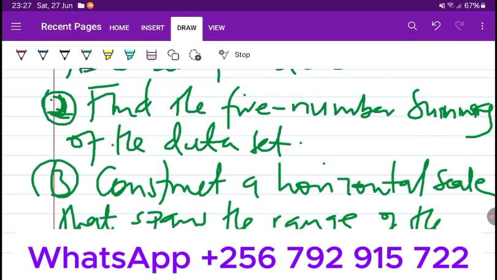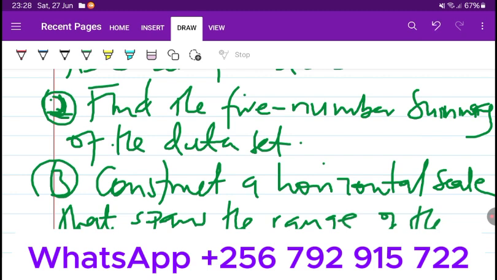How are you going to know that you have covered it? Because in the first step you identified the five number summary, including the minimum, the smallest, and the maximum, the largest number in the data set. So make sure the scale you use can fit all the values we have seen in the distribution.